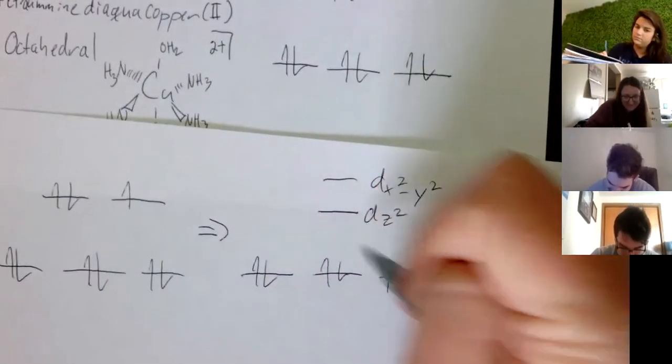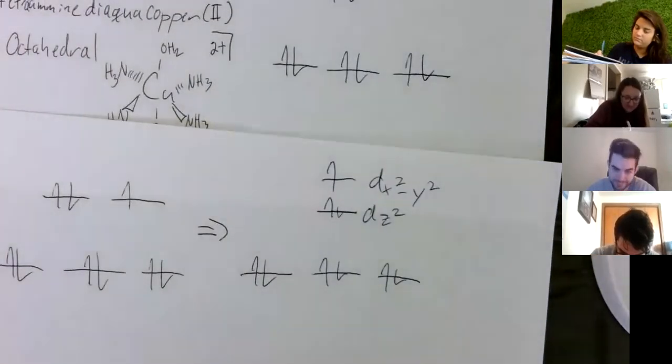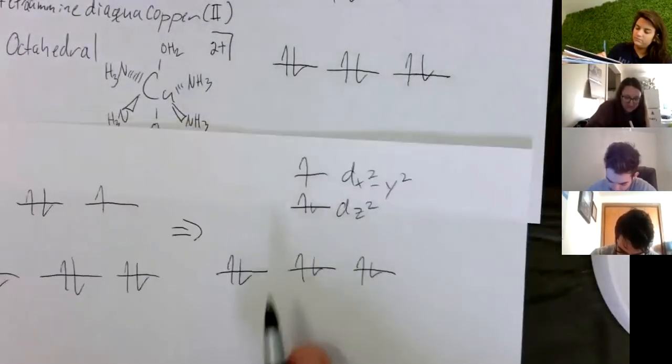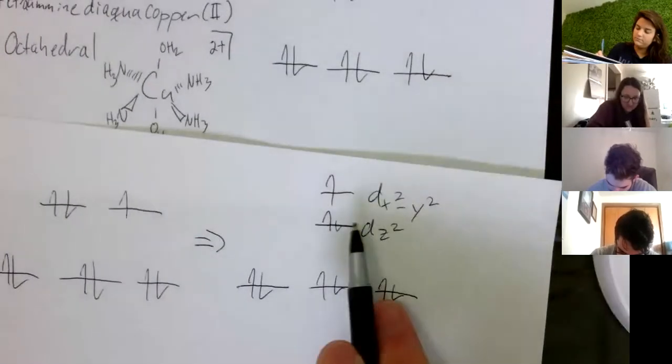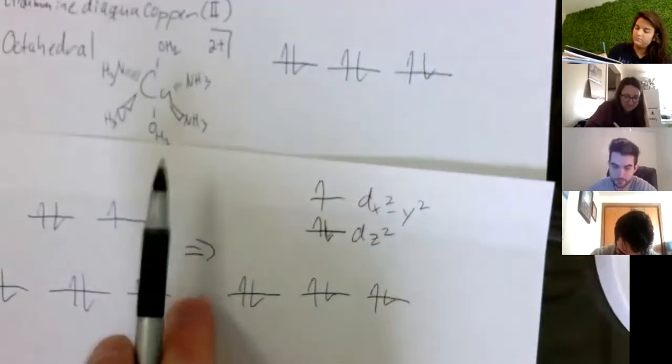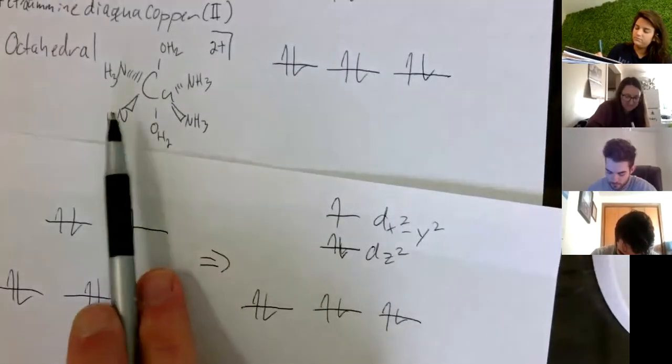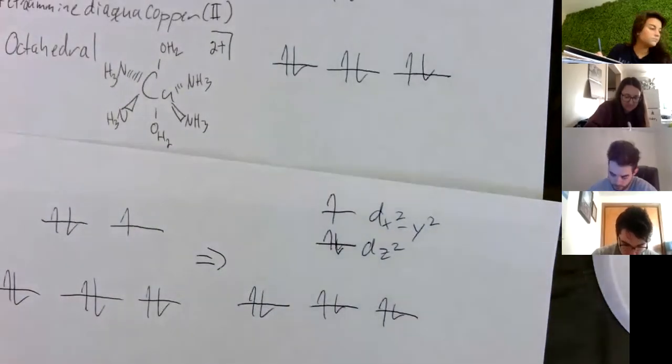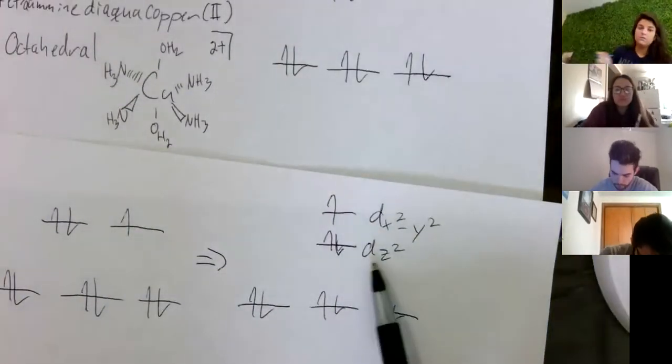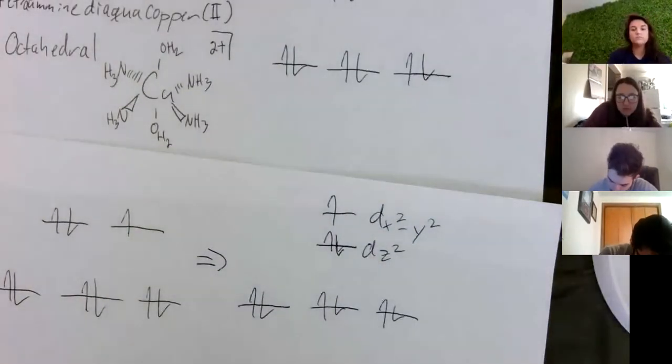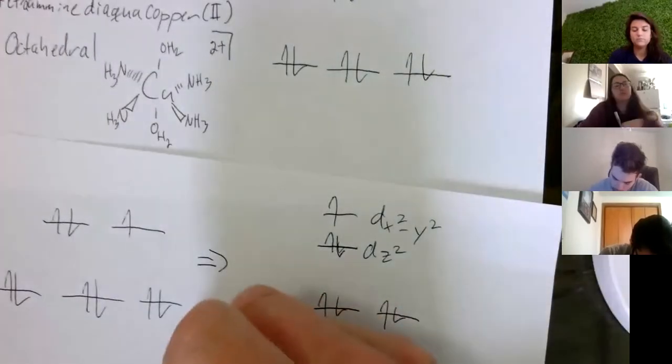Since these are different ligands, the axial ones bond less strongly, so the dz squared gets a little more stabilized.